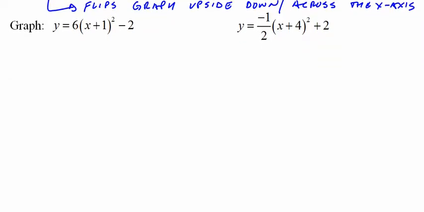So let's graph these. We're going to put them on the same coordinate plane, so hopefully you can see what I mean by one is going to be fatter than the other.